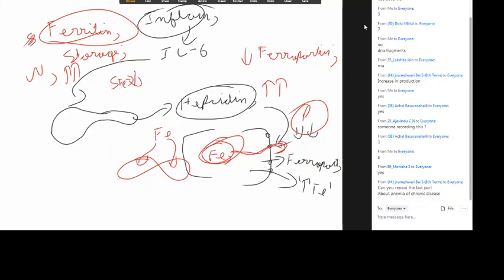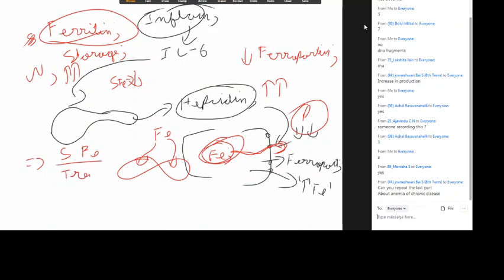Okay, now your TIBC, how desperate you are. If you have already stored and accumulated your food, will you want more food? No, you are not desperate. That is why your TIBC, total iron binding capacity, will be less. Now we'll see here serum iron by transferrin.